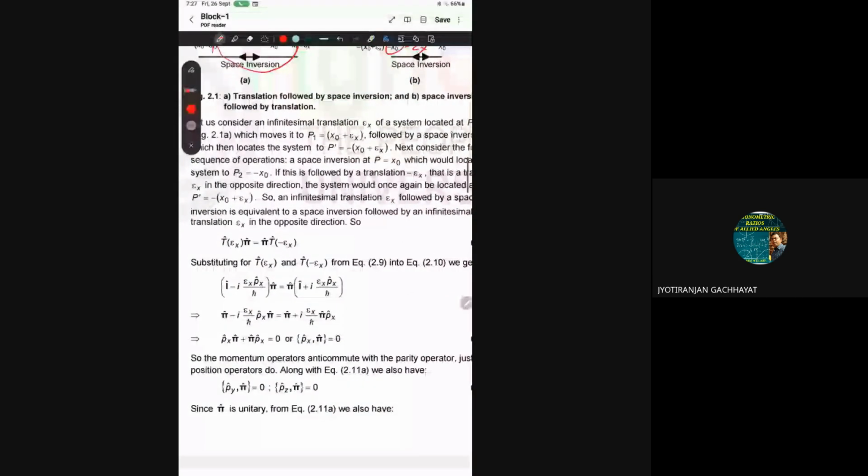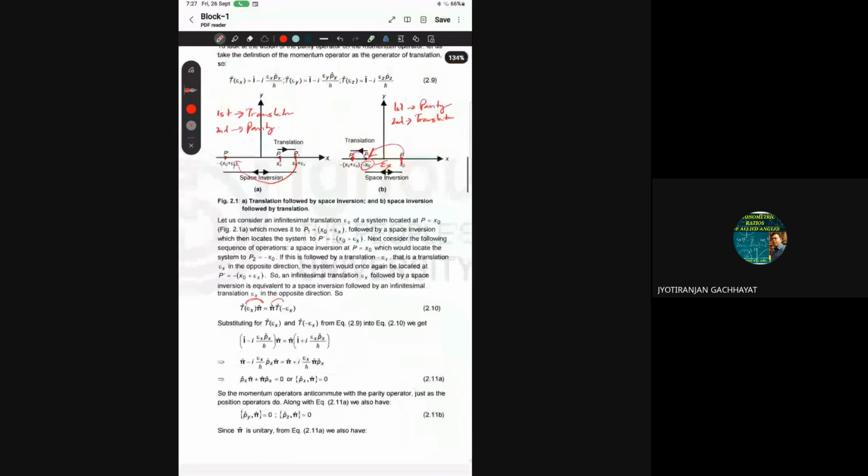So that means T of epsilon x followed by pi will be equal to pi followed by T of minus epsilon x. Is this relation clear from this picture?